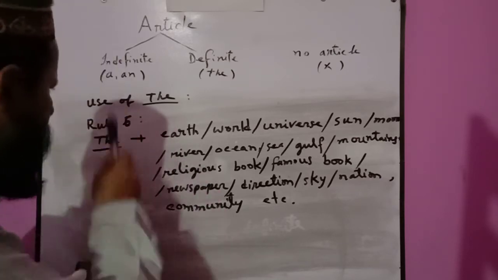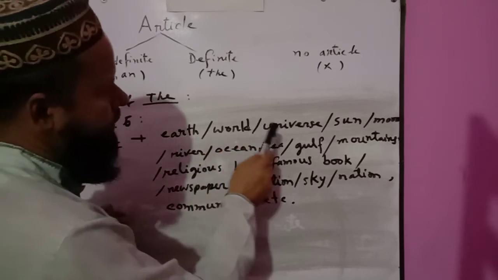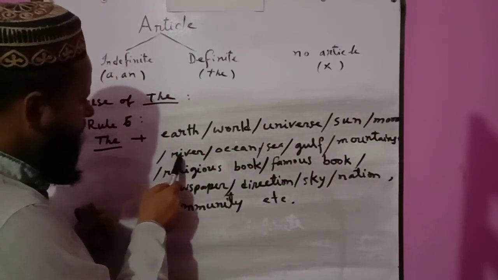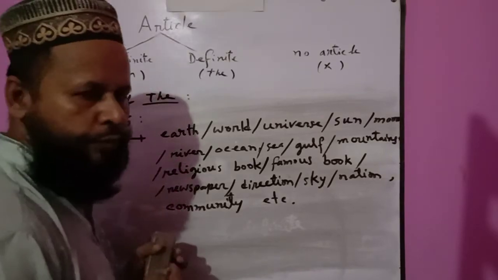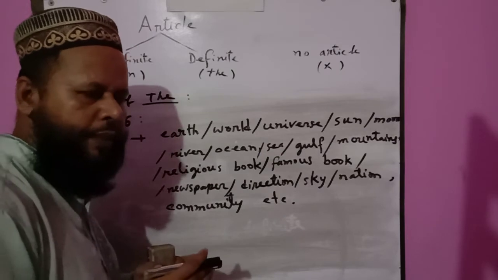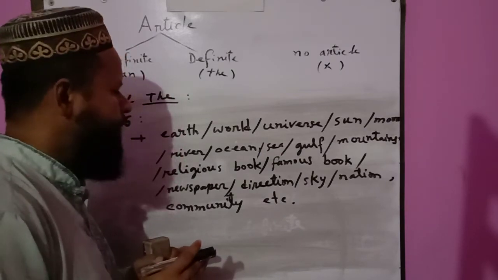We must use the before earth, world, universe, or sun or moon. We must use the before river, name of river, not river, name of river, such as the Jamuna, the Padma, the Meghna.